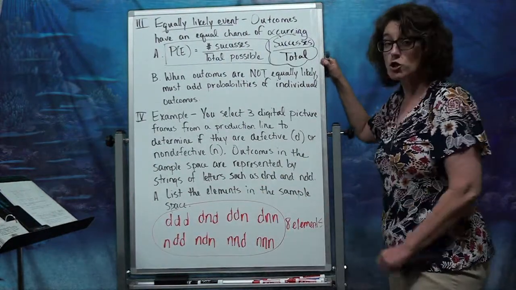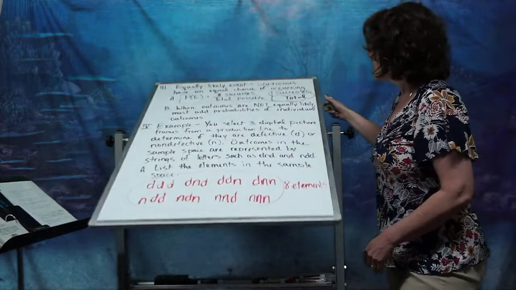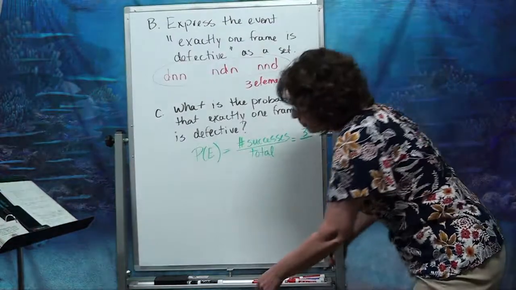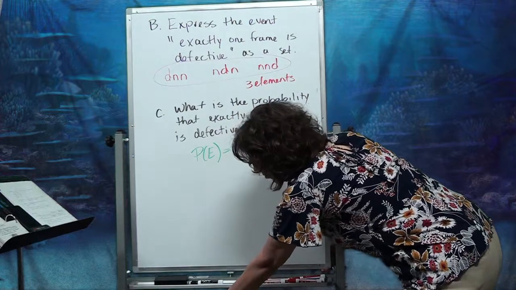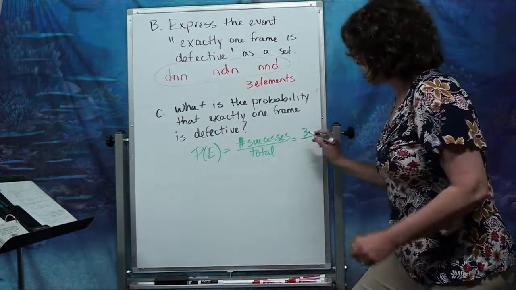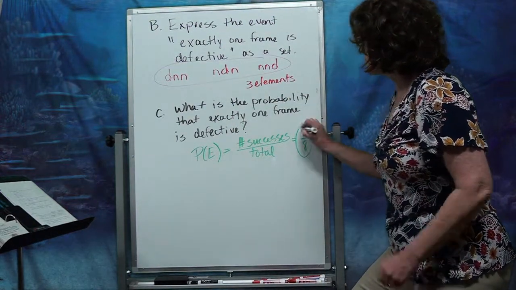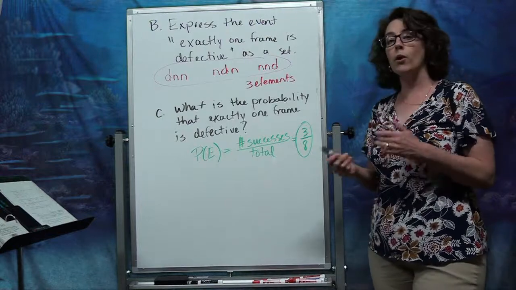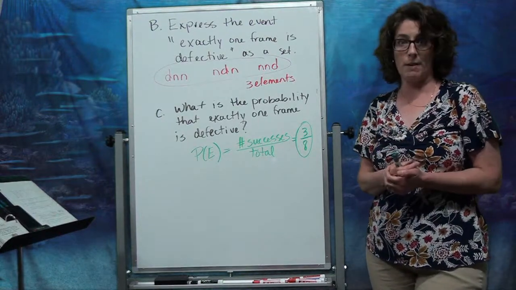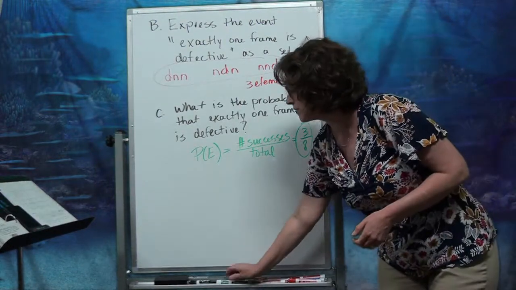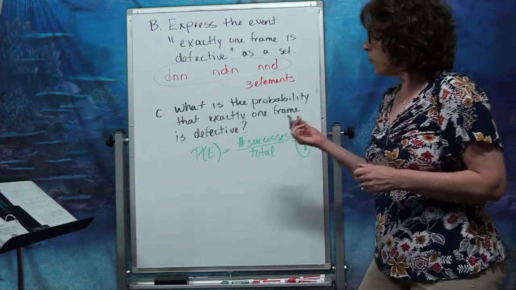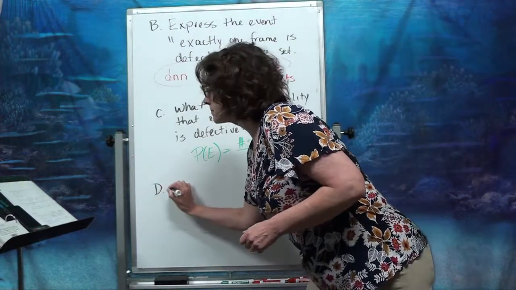So I have 8 total possibilities. That means in my formula, successes over total, my total is going to be 8. And so this is the probability that I'm going to pull 1 frame, and only 1 frame, that's defective. So now one more example.